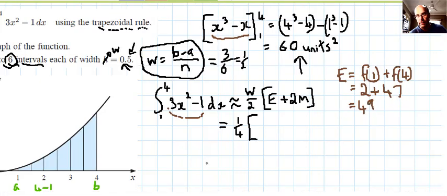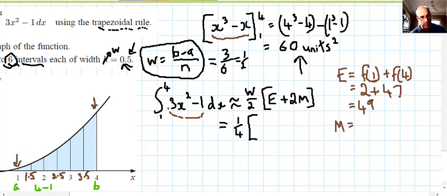Now, taking care to get these ordinates for M, we've got to work out what M is first, and then we'll double it. So M, we've got here down the bottom left of your screen, that's 1.5, that's 2.5, 3.5 there. Now the middle ordinates are the ones excluding the end ordinates.